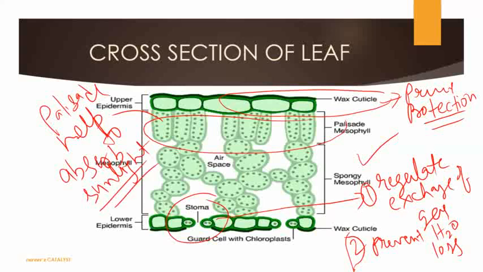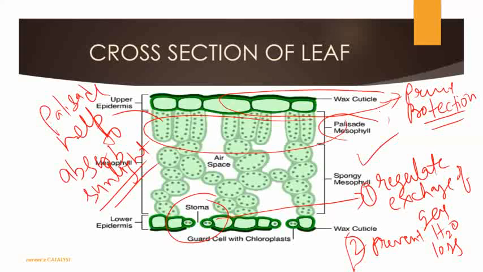This layer is very important because it absorbs the solar energy. Solar energy can be trapped only by that particular green pigment, defined as what? Chlorophyll. But this palisade layer helps to absorb solar energy. That's why this layer is very important.